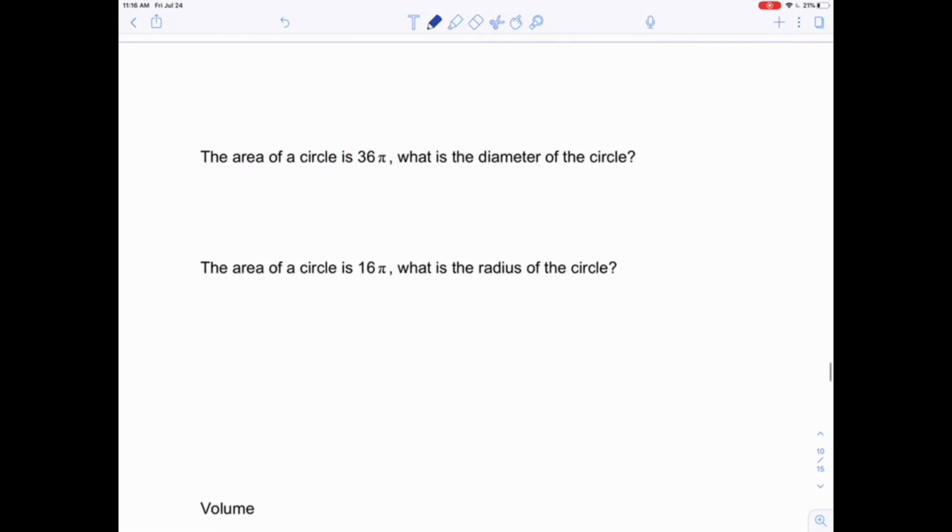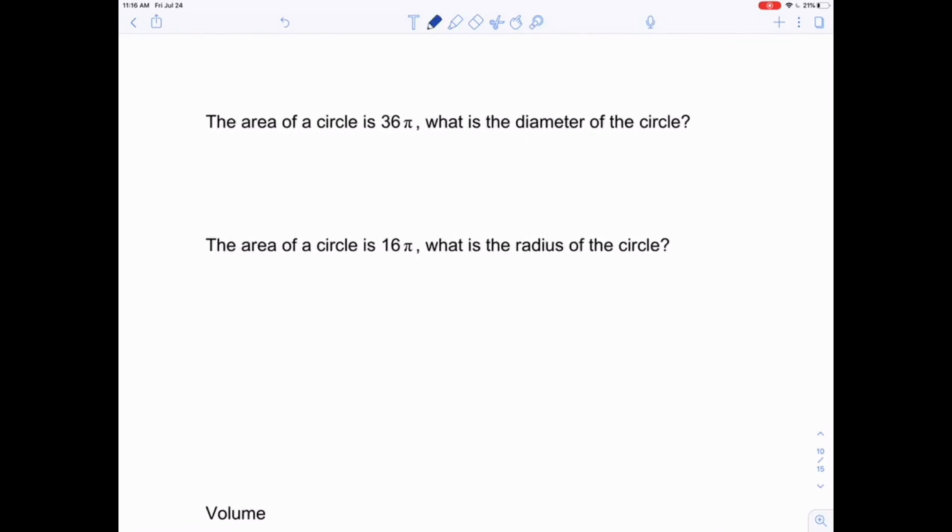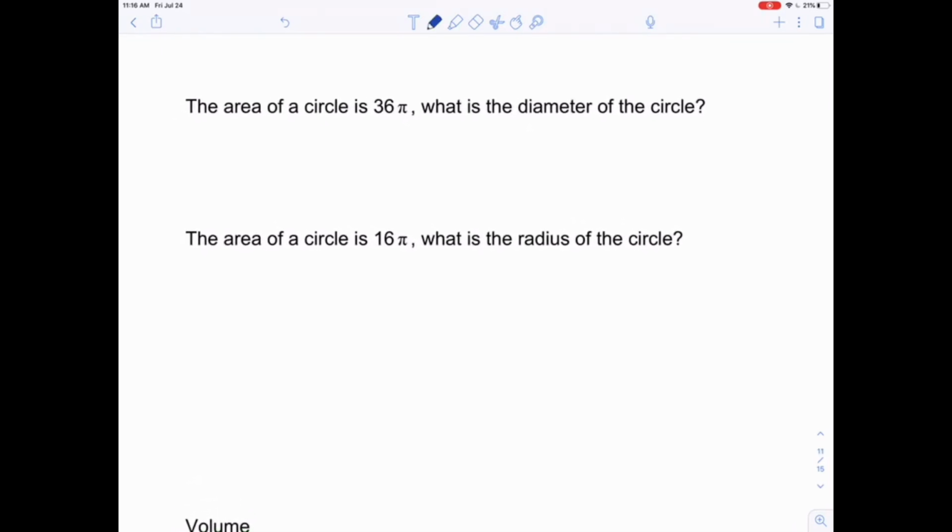All right, so in this one, it's starting us out with area, and then it asks us for diameter. So it says the area of a circle is 36 pi. What is the diameter of the circle?